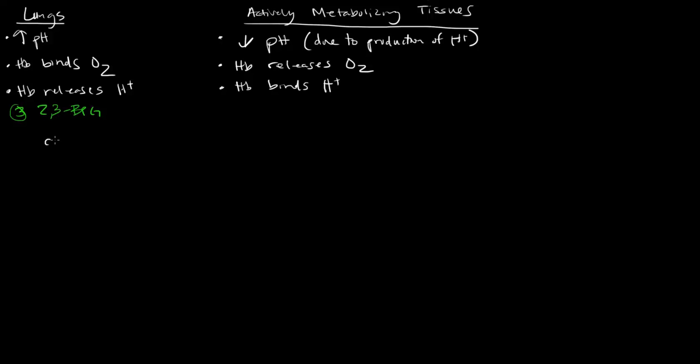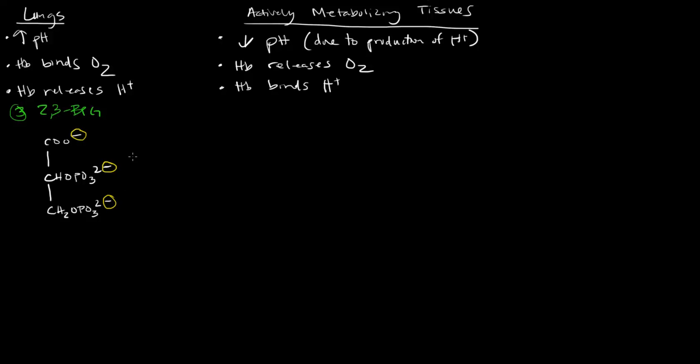It's got a carboxyl group and then a CHO phosphate group here with these negative charges, and then it also has a CH2 and then another phosphate group. Okay, this is 2,3-BPG. So what do we notice about 2,3-BPG? Well, it's got a lot of negative charges. Okay, so this is important.